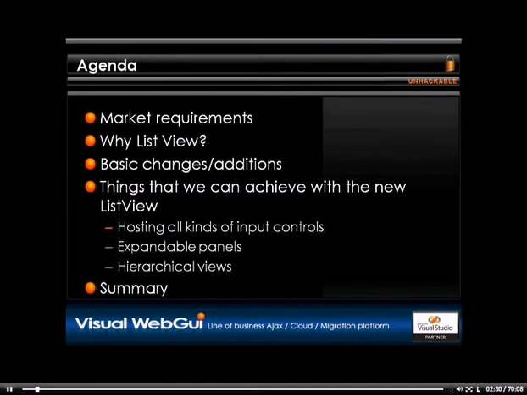I'm going to say what two major additions we add to the ListView, and for those changes and additional functionalities, we're going to see what we can do. The first thing I'm going to show you is hosting all kinds of input controls and controls in general within my ListView; the ability to create panels for rows and to expand and collapse them; and the ability to create hierarchical views.